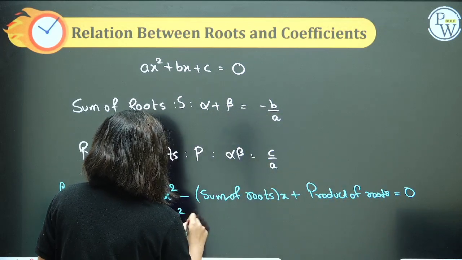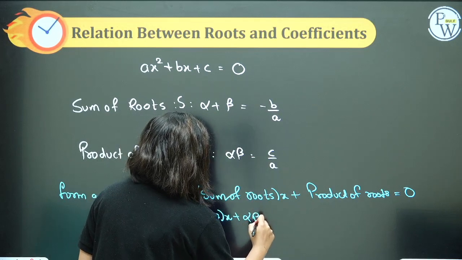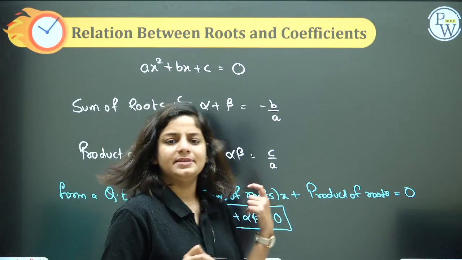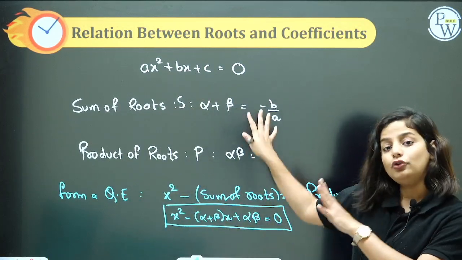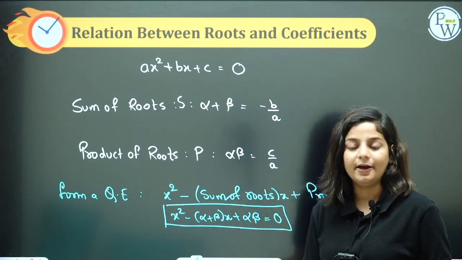That is x square minus (alpha plus beta) into x plus alpha into beta equal to 0. If you know alpha plus beta and alpha into beta, you can form a quadratic equation. If you know the quadratic equation, you can find alpha plus beta and alpha into beta.